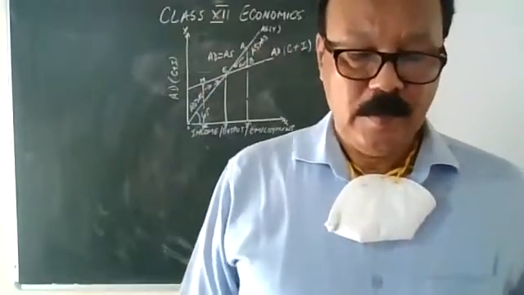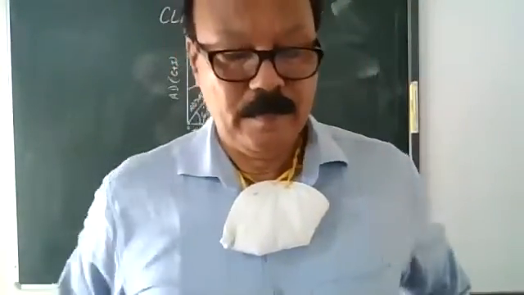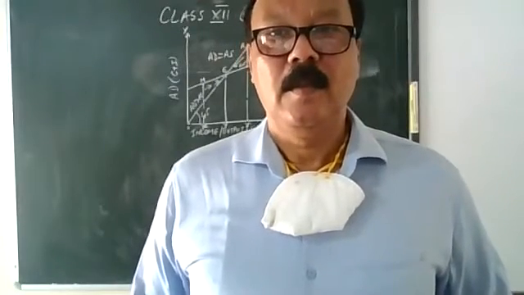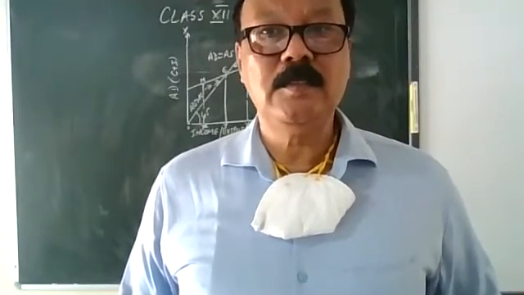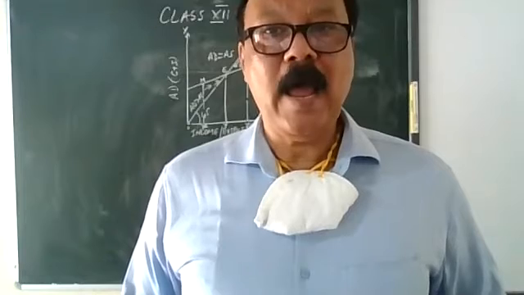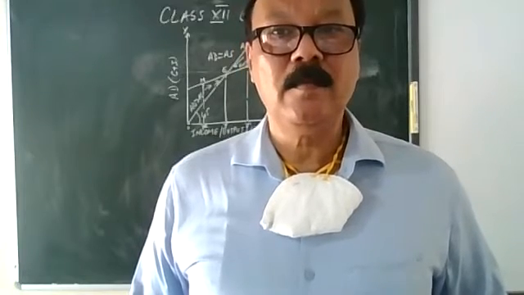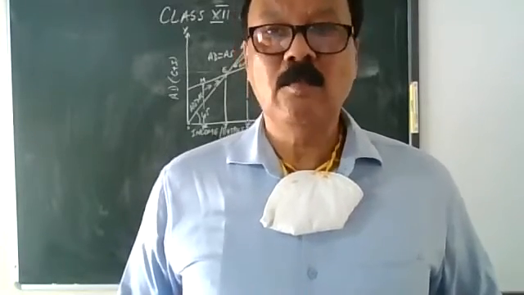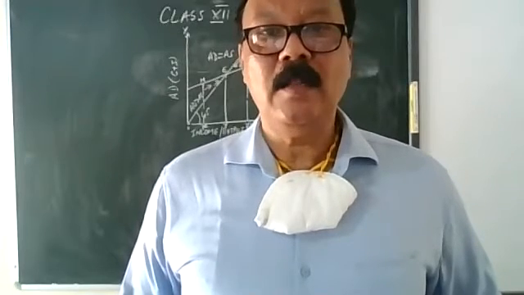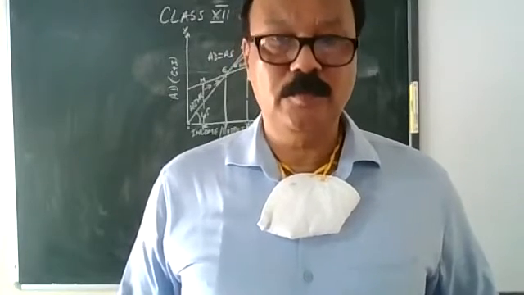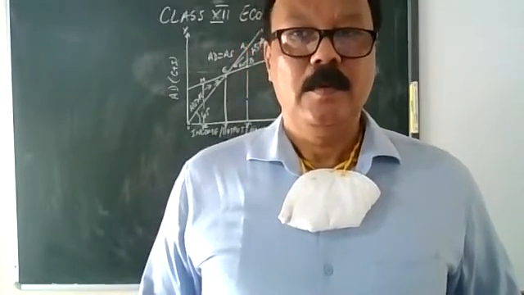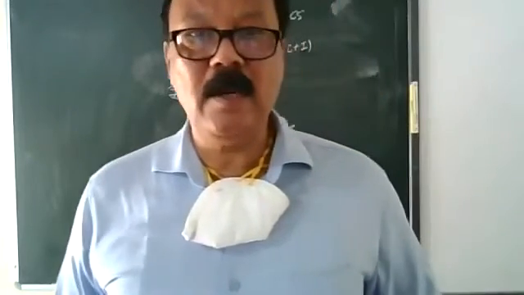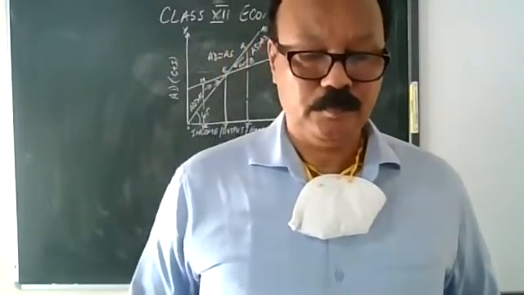If AD is greater than AS, it means planned spending is more than the planned output.